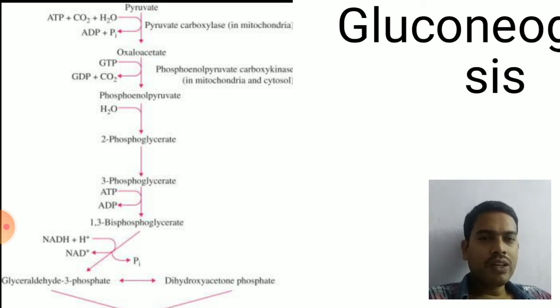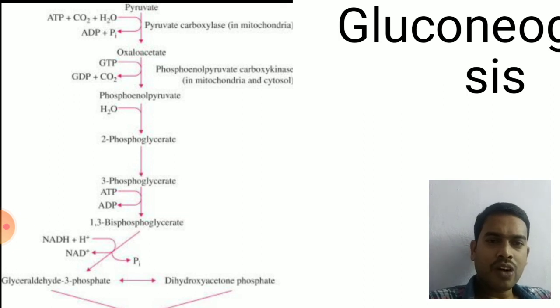So one ATP molecule, CO2, and water molecule are utilized, and the CO2 is added to pyruvate to convert it into oxaloacetic acid. And in mitochondria and cytosol, there is an enzyme called phosphoenolpyruvate carboxykinase. This will convert oxaloacetate to phosphoenolpyruvate. Here another GTP molecule is utilized and CO2 is removed, and a double bond will be formed, converting oxaloacetate into phosphoenolpyruvate.